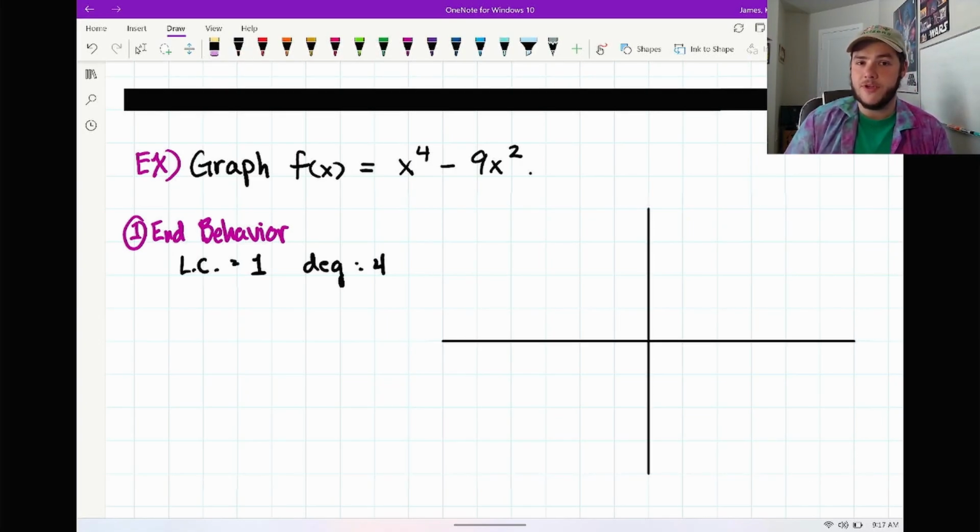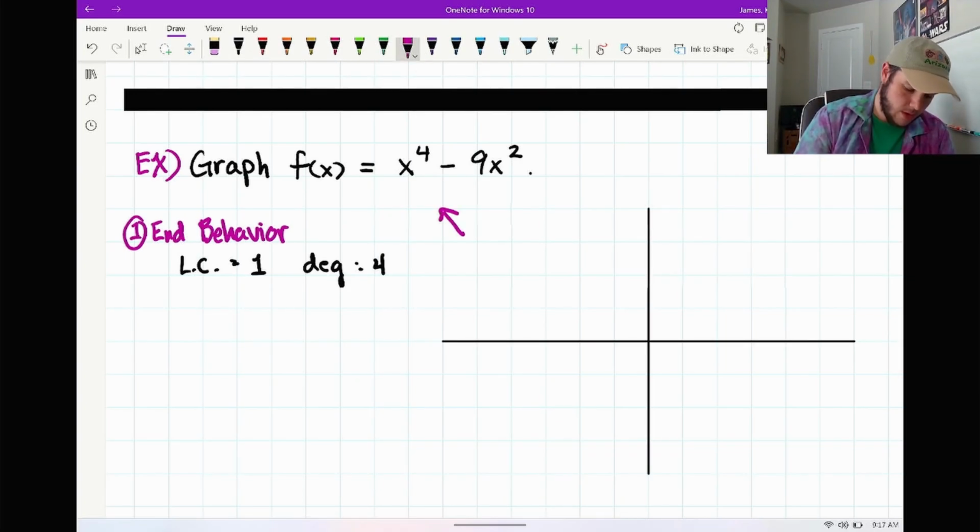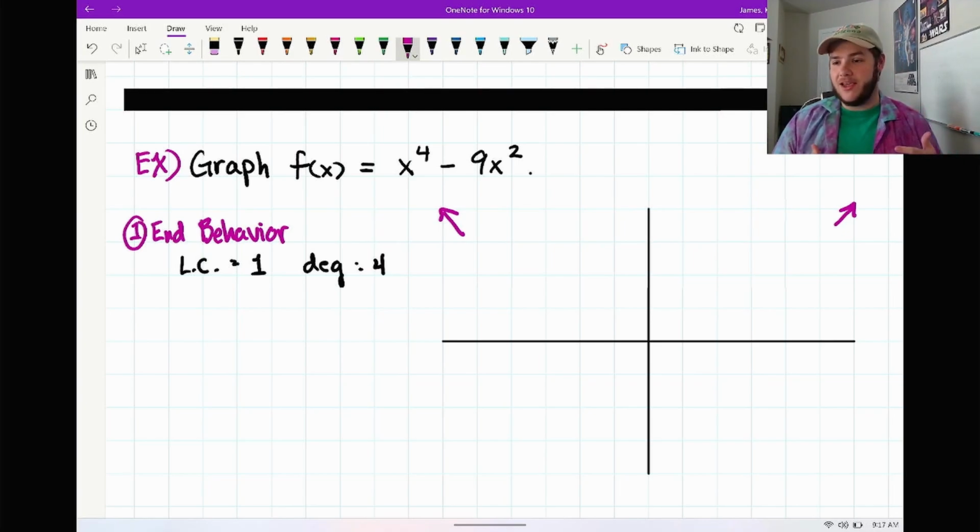The leading coefficient is positive, which means the left end is going to point up. And the degree is even, which means the right end is going to match it. And I like to just sketch these arrows now, so that later all I have to do is connect the dots.